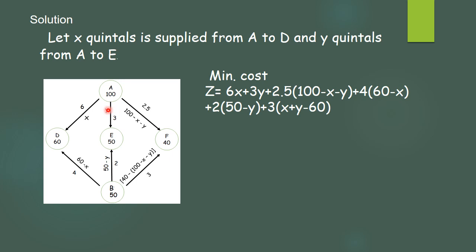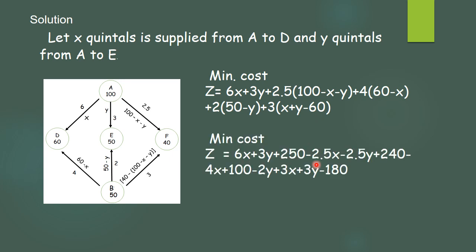Here Y is supplied at the rate 3, so it will be 3y plus 2.5 multiplied by the quantity supplied, that is 100 minus x minus y, plus 4 into the quantity supplied from this side, that is 60 minus x, plus 2 into the quantity supplied, that was 50 minus y, plus 3 into, here instead of writing this, I have just simplified, because 40 minus 100 becomes minus 60. This minus of minus x becomes plus x, and this becomes plus y. So I have written it as x plus y minus 60.